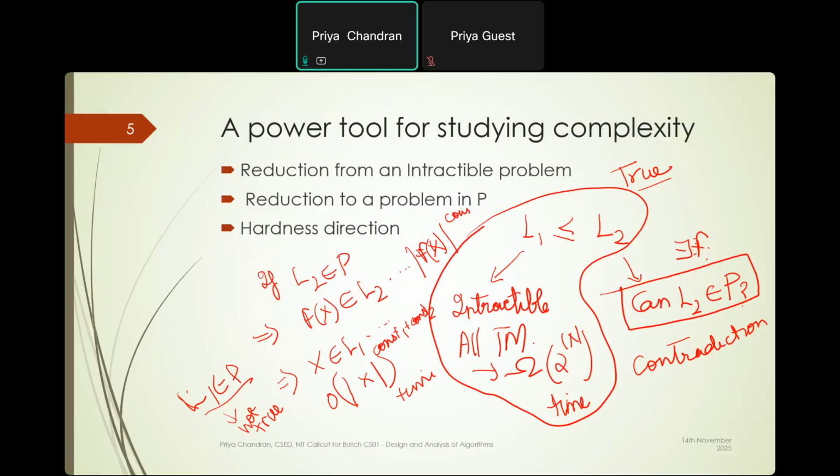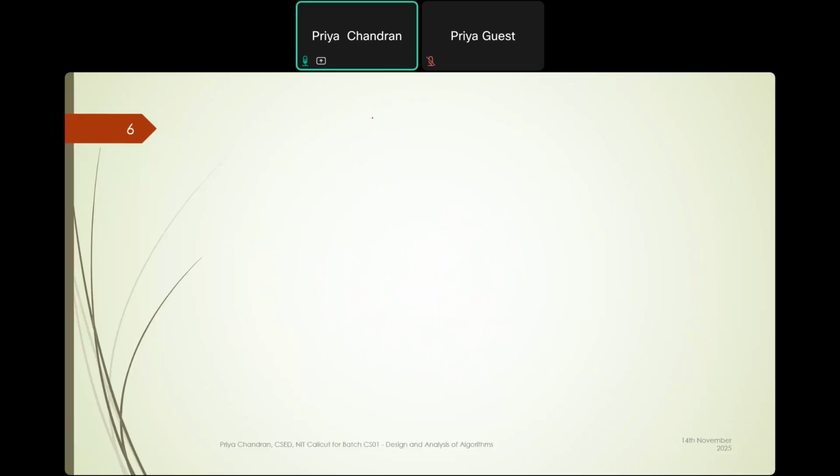Now let us proceed further. What if something is reducible to a problem known to be in P? We are again back to the same point, discussing another implication.